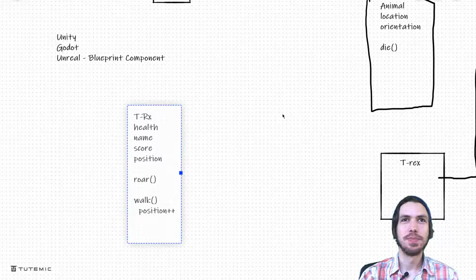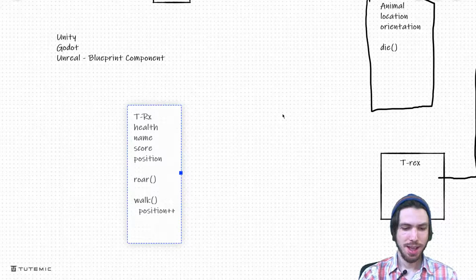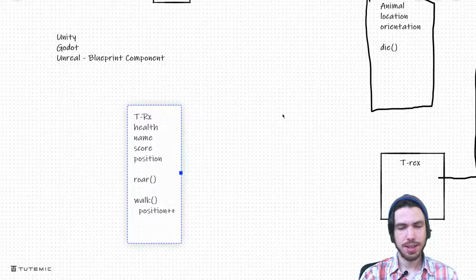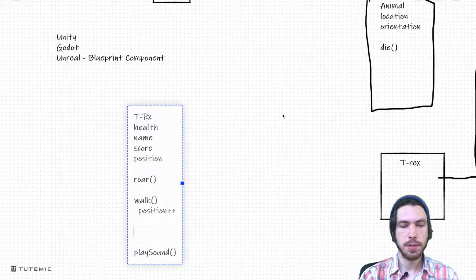This is actually also an infinite runner. Just position plus plus. And then what else about this stinking dinosaur? The dinosaur can also play sound. Let's use both different formats of writing this. Play sound, and when does play sound happen? Well, play sound happens when jump happens. You're going to play sound.